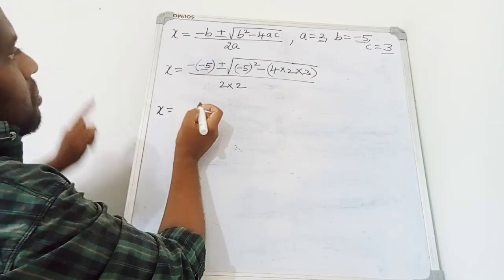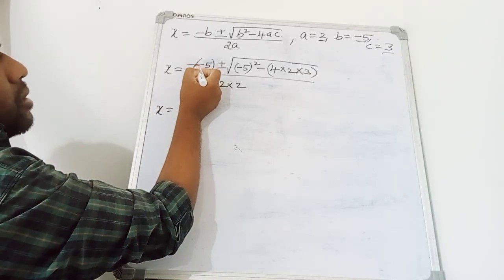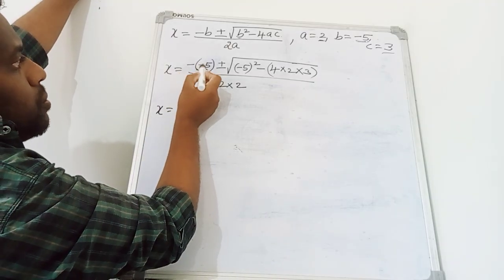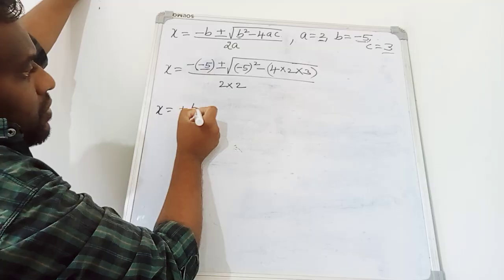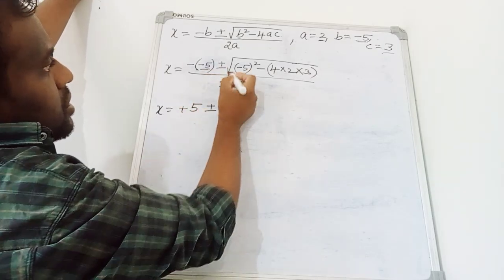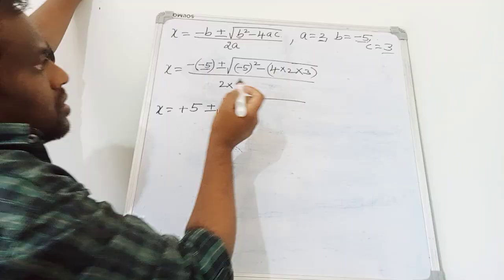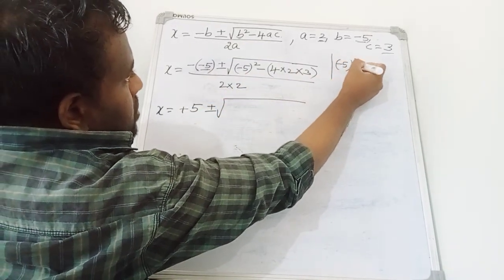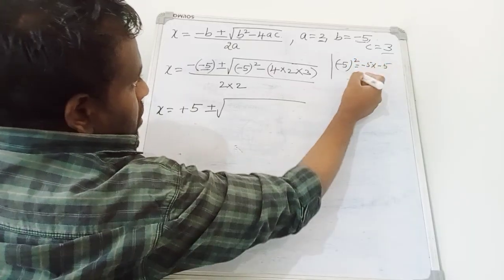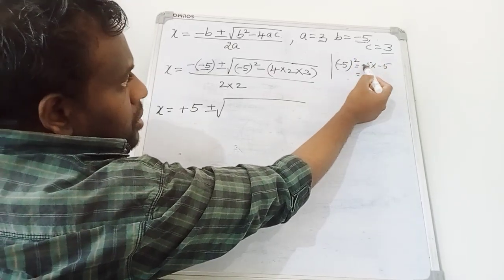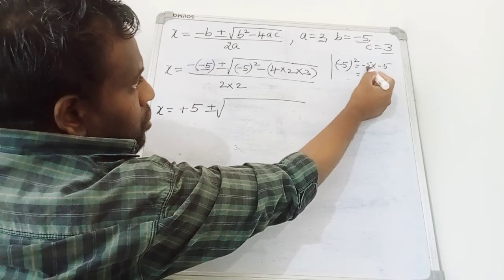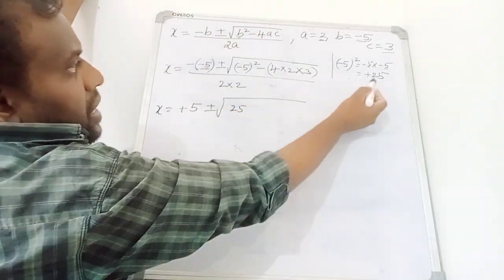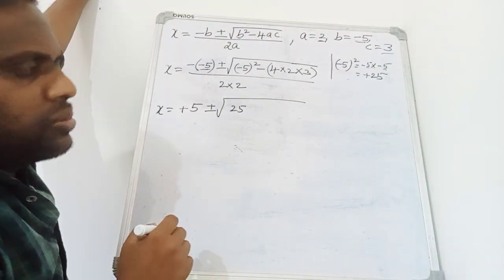Next step, simplification. Here a bracket is like a multiplication, so minus into minus is plus, and this 5. Plus or minus the square root of (−5)², which means −5 into −5: multiply the signs first, minus into minus is plus, and 5 into 5 is 25.